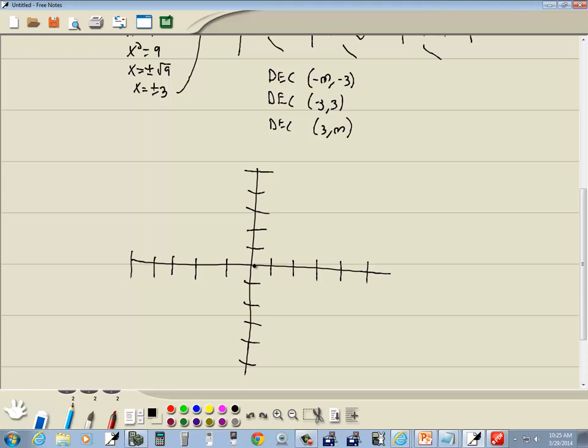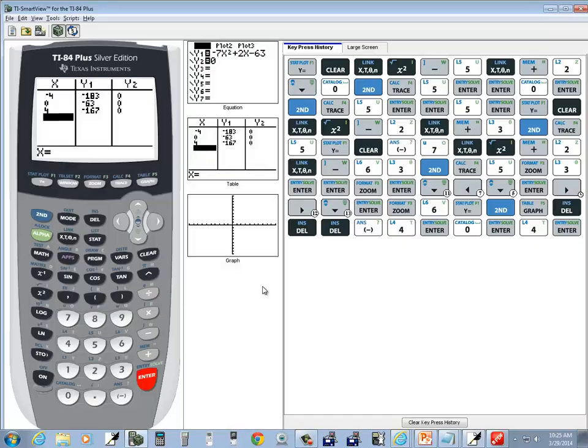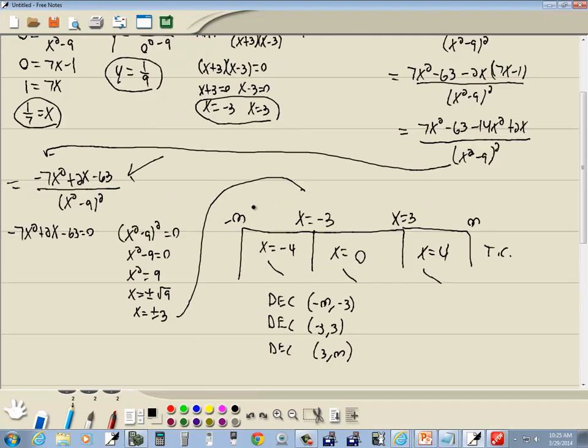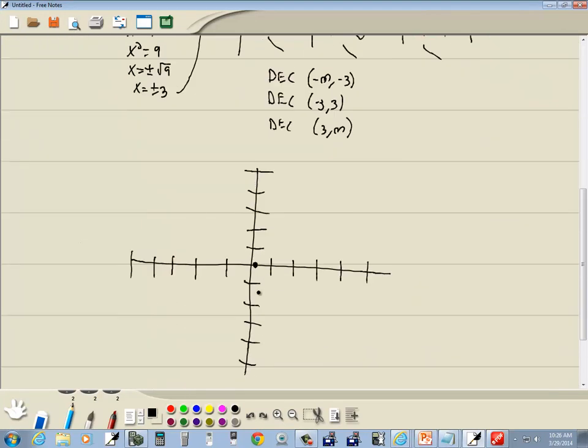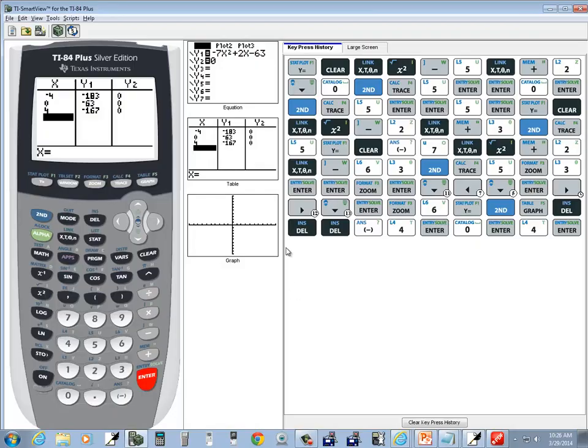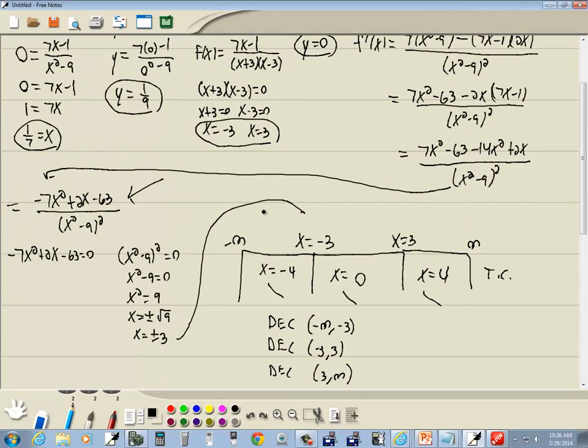So 1/7. I don't know about right there. Oops. Y-intercept is 1/9. Geez, that's pretty close together there, aren't they? Okay, it's skewing it a little bit, but it's right there. Why do I keep alt tabbing? Get my hand off that.